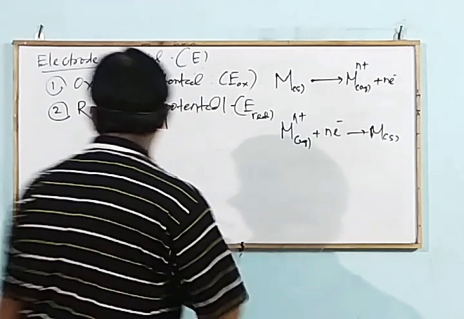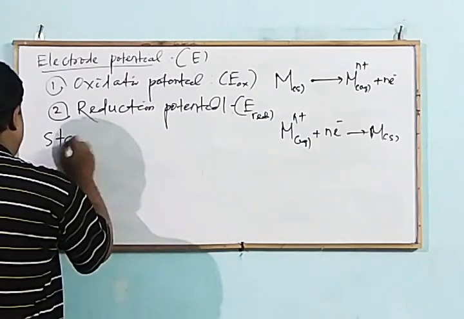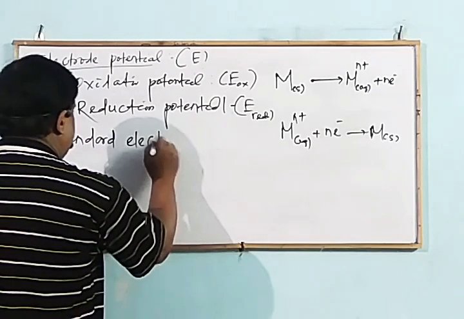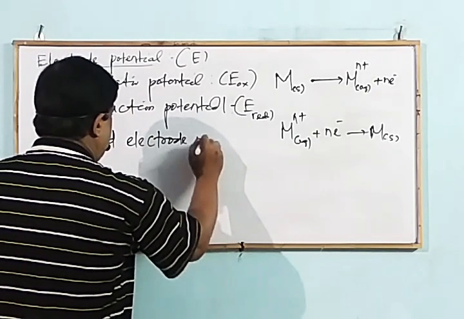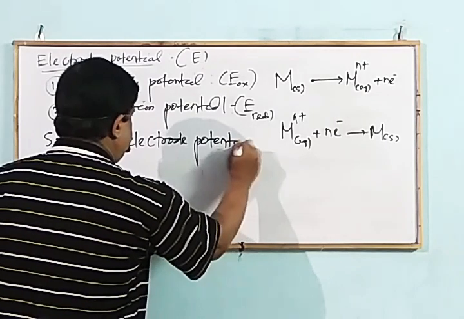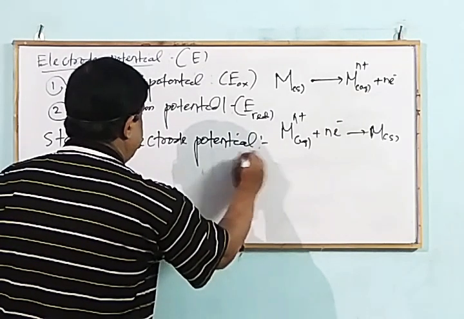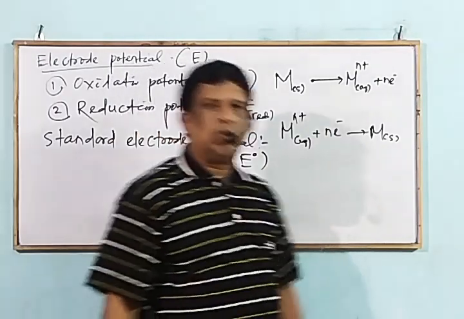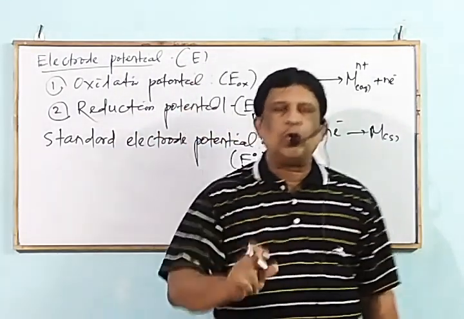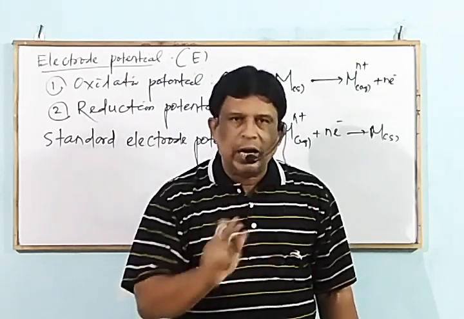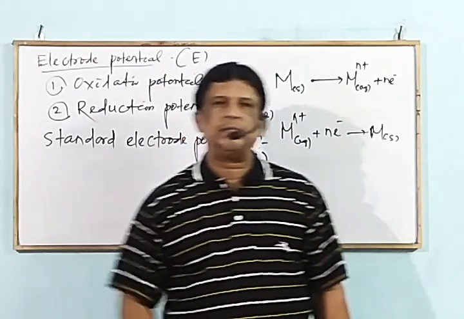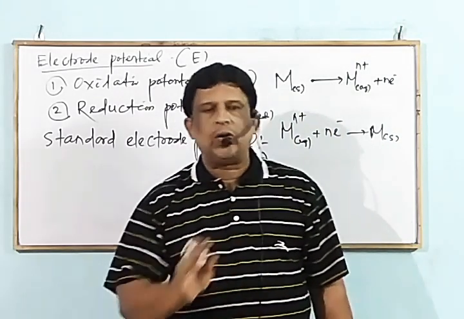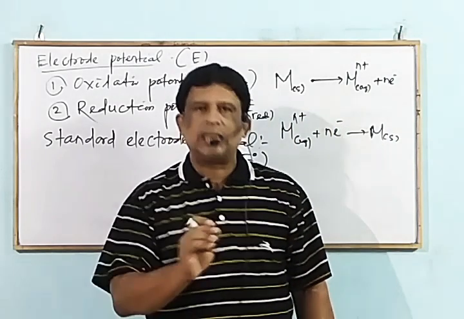Next we discuss standard electrode potential. Symbol is E naught. What do we mean by standard electrode potential? When the electrode potential is recorded at a standard state.